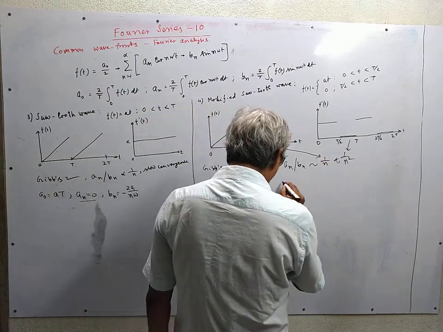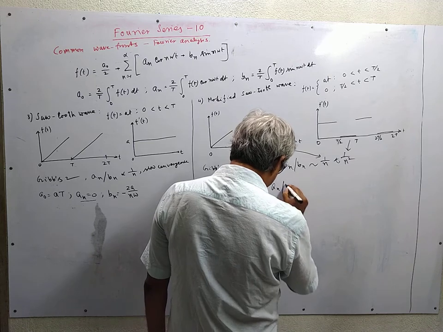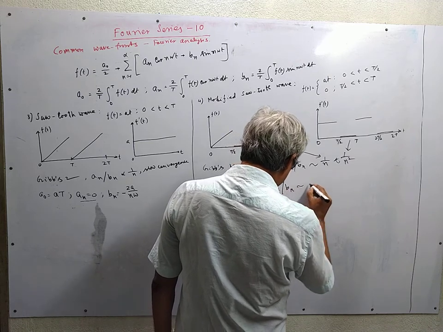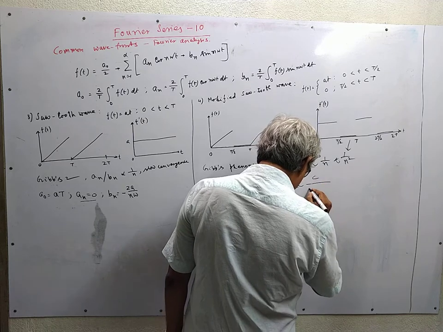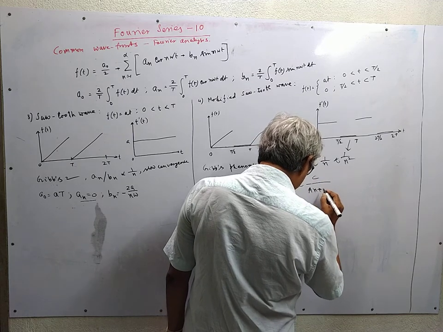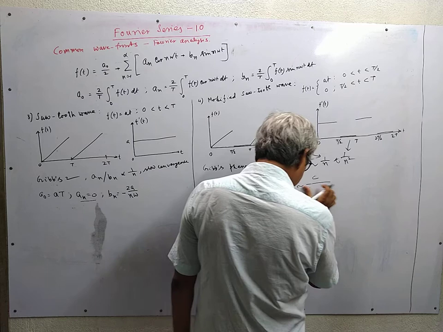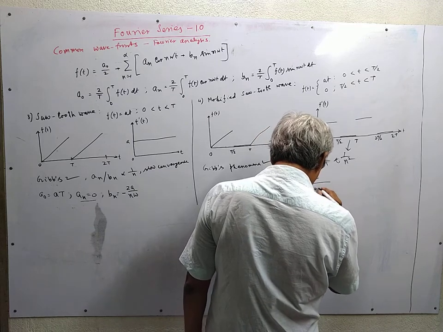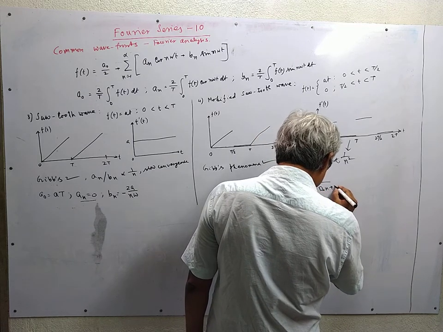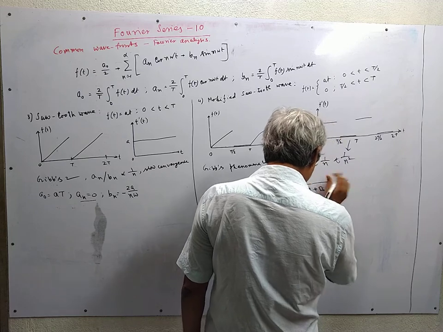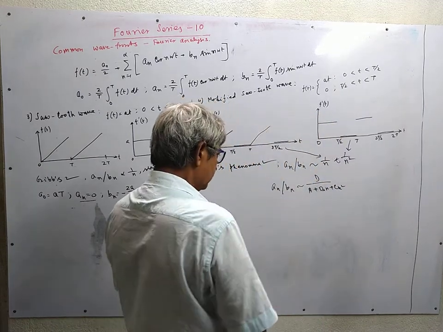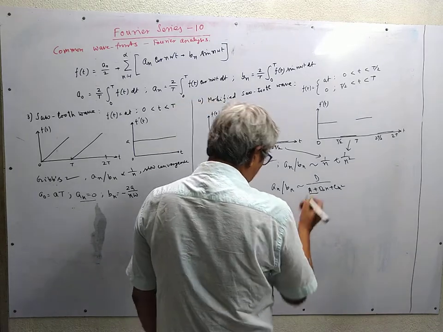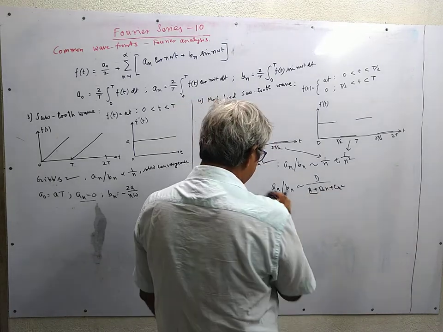In general, they may vary as something like a plus bn plus cn square by d. This should be the most general form. In general, this a is not present, so the other things will be there.